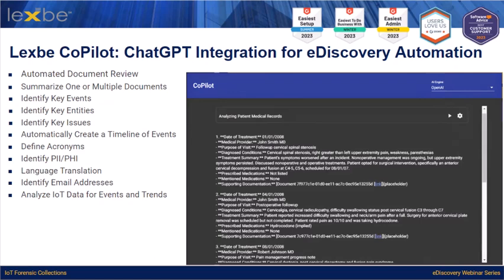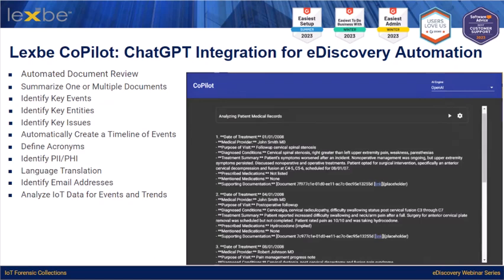If you're in the middle of a document review that's industry specific and there are a lot of acronyms, it will automatically define the acronyms for you. It can very quickly and seamlessly identify PII and PHI. It performs language translation if you're dealing with multilingual documents. And it can easily identify email addresses. It can also analyze IoT data for events and trends.